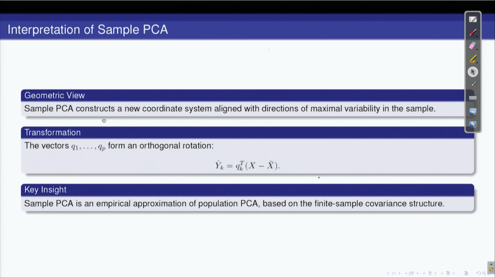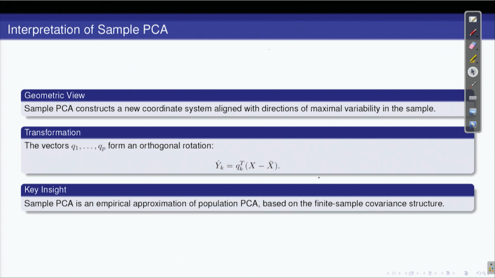Sample PCA constructs a new coordinate system aligned with the directions of maximum variability in the sample. The vectors q1, q2, ..., qp form an orthogonal rotation of the coordinate system. The sample PCA basically is an empirical approximation of population PCA, pretty much in the same philosophy under which sample mean is an empirical approximation to population mean, and sample variance is an empirical approximation to the population variance.